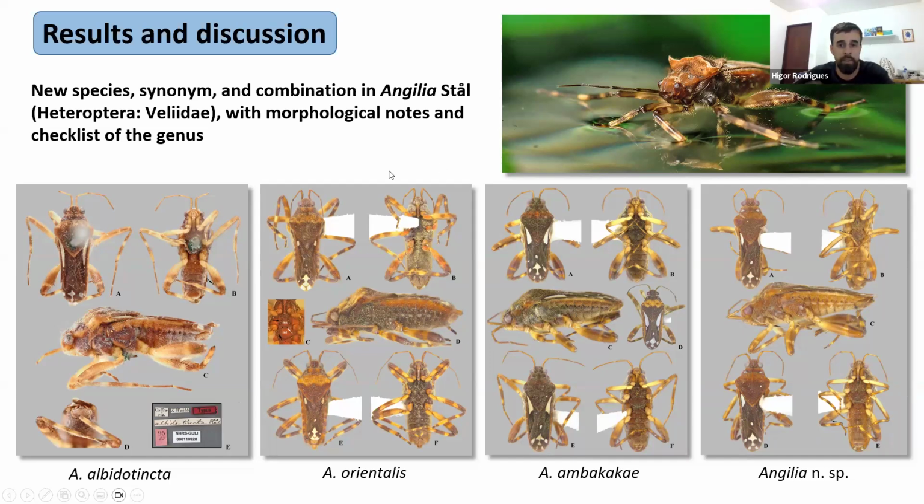We are working on this paper now, and we found new species, synonymy, and new records, and we are also preparing the checklist of all species in this genus. It's a very beautiful genus, and we have pictures of live specimens here.